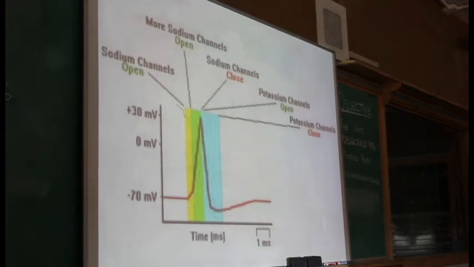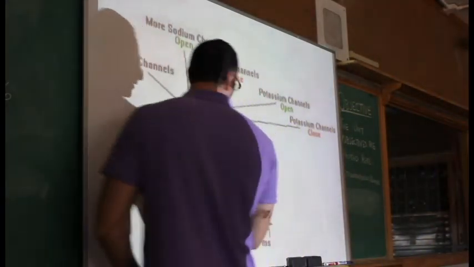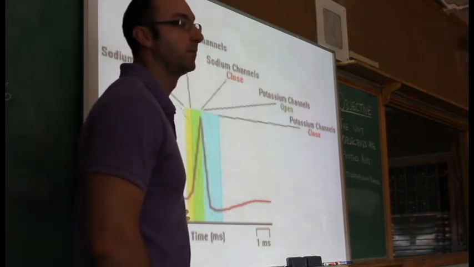Now, here's what's going to happen. Your body establishes concentration gradients and allows the diffusion of these ions into and out of a nerve cell to change the membrane potential. So it starts out negative. Both channels are closed, sodium and potassium.